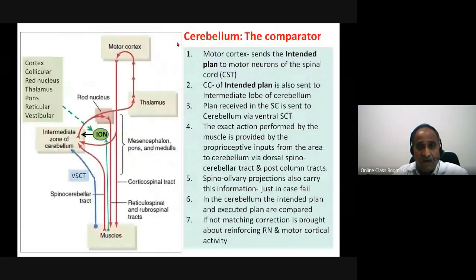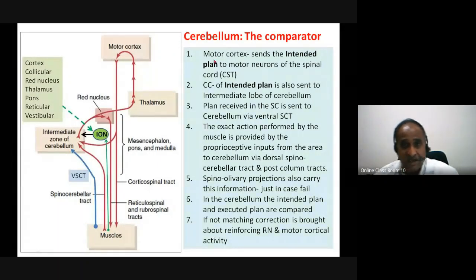Now, move on. The cerebellum as a comparator. Now, let us study. This is another complex situation. So what happens? This is the motor cortex here. The motor cortex sends the intended plan to motor neurons of the spinal cord through the corticospinal tract.